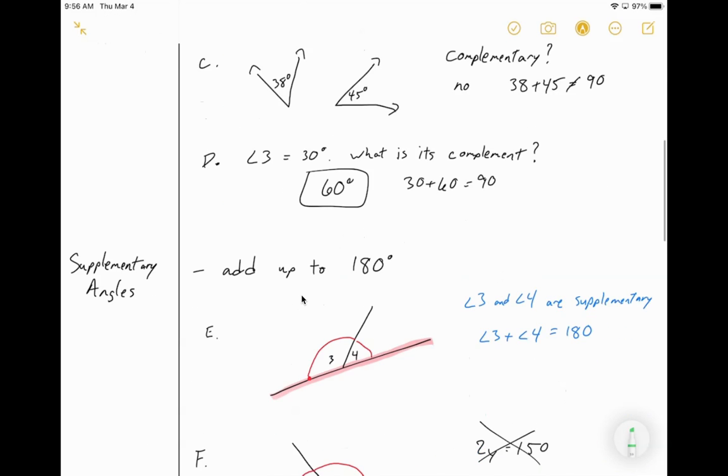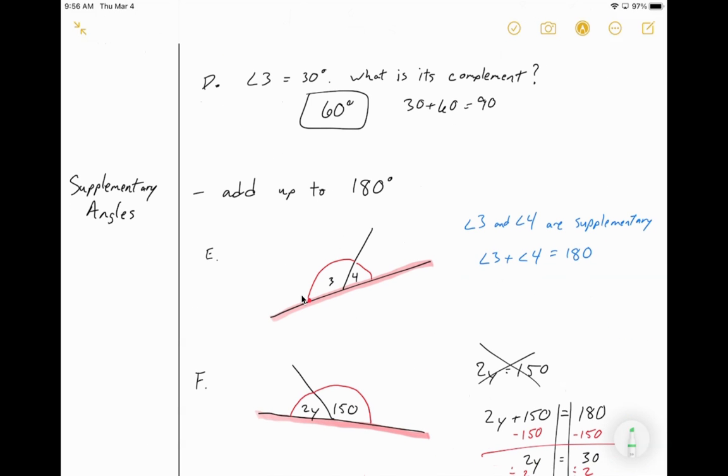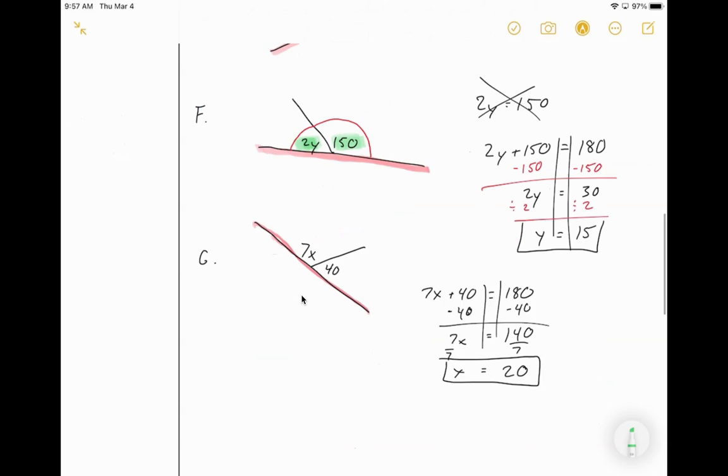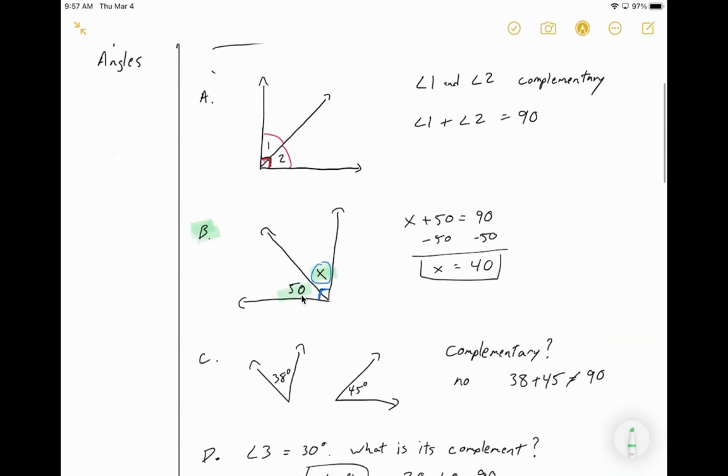And then we do the same thing with supplementary angles. Supplementary angles add up to 180. If this is 150 and this is 2y, together they have to add up to 180. They're not equal to each other. They add up to 180. That's what supplementary means. And again, remember, complementary, C comes before S, 90 comes before 180. So that's a good way to remember and distinguish. All right. Okay, so that is complementary and supplementary angles.